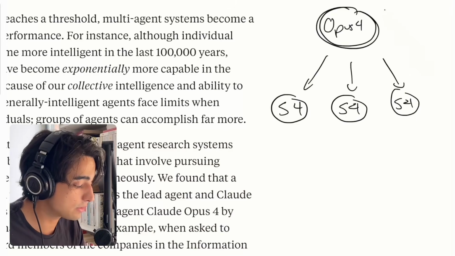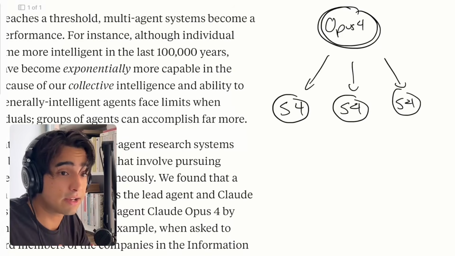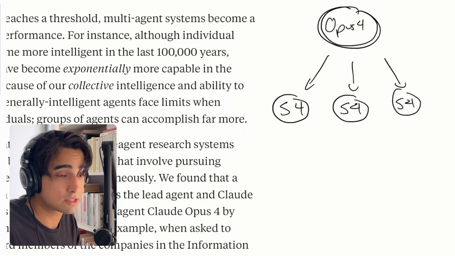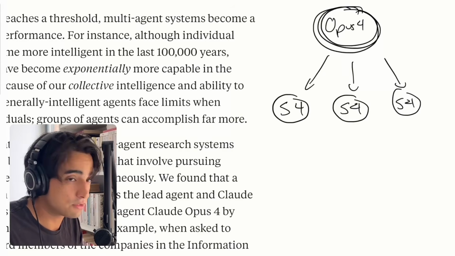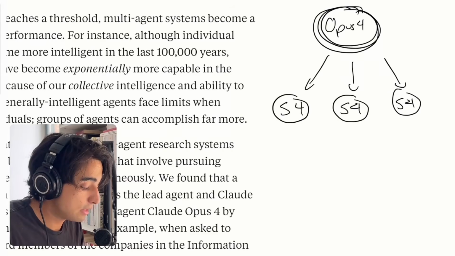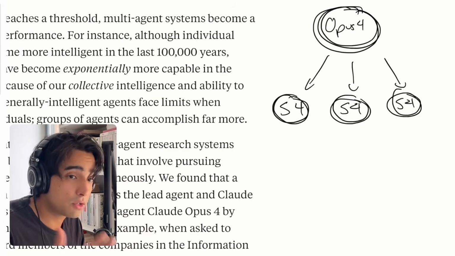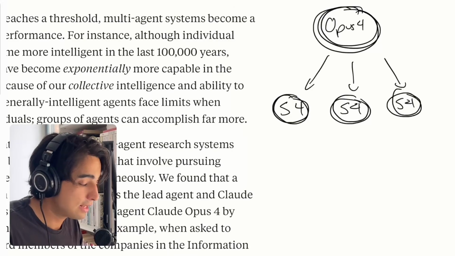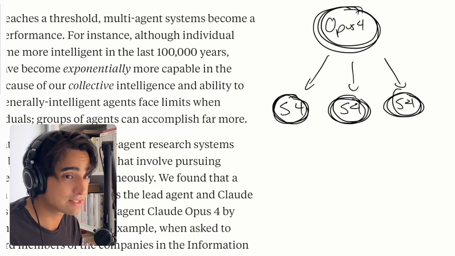So this orchestrator right here would decide how many sub-agents it needed to create, to delegate those tasks to. So for example, if for some simple research, the master agent decided that he needed 3 sub-agents, he invoked those 3 sub-agents into existence, gave them tasks to complete, and then those sub-agents would complete those tasks, right?